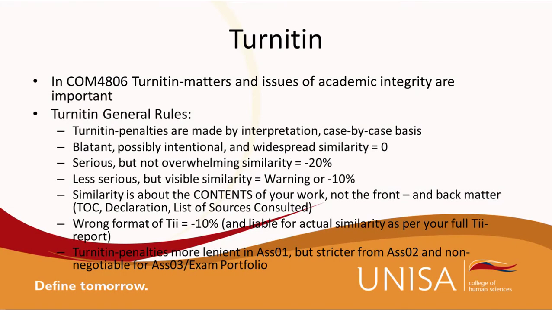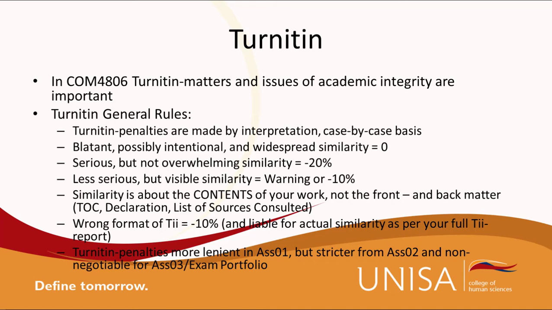Here are some house rules for Turnitin. Turnitin penalties are made subjectively, based on interpretation, on a case-by-case basis. It's not blindly based on the similarity index. That was the case in the past. It's not the case anymore. The similarity index gives us only some indication that there might be a problem in your text, but we don't penalize by just looking at a percentage.